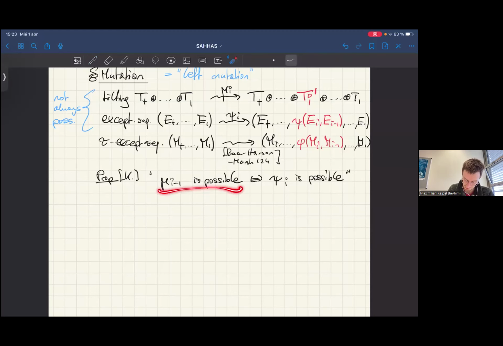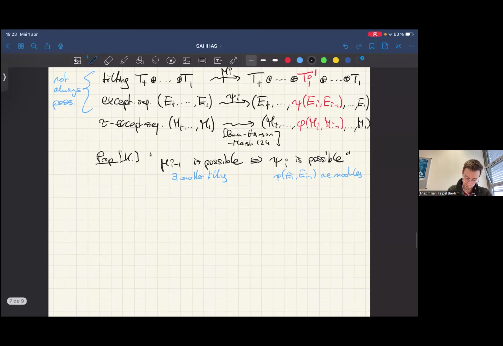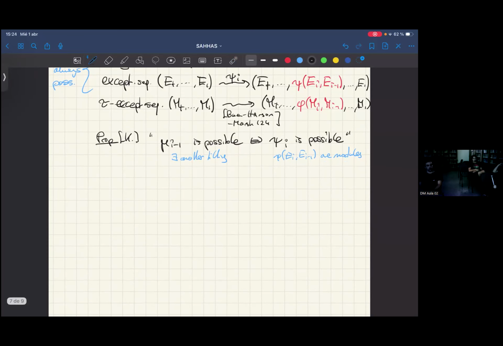So here, this means there exists another tilting module. And here this means psi applied to E_i, E_i minus 1 are modules, not objects in the derived category. This is quite important. Okay, now the final theorem.